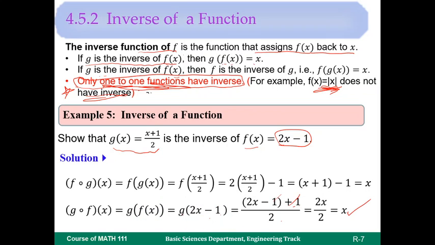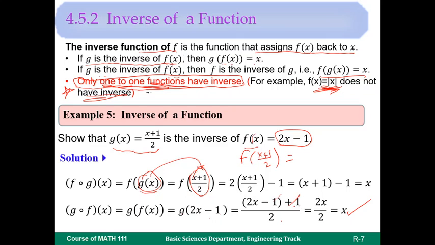And the other thing, if g is the inverse of f and f is the inverse of g, then we will also show the second equality here. So f of g of x, and let's put g of x here. Substitute its formula, x plus 1 over 2. And then you will calculate this.